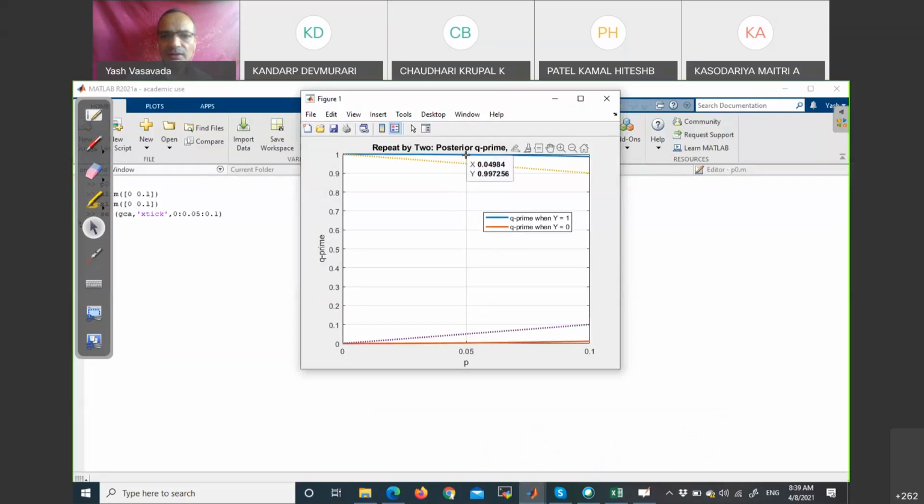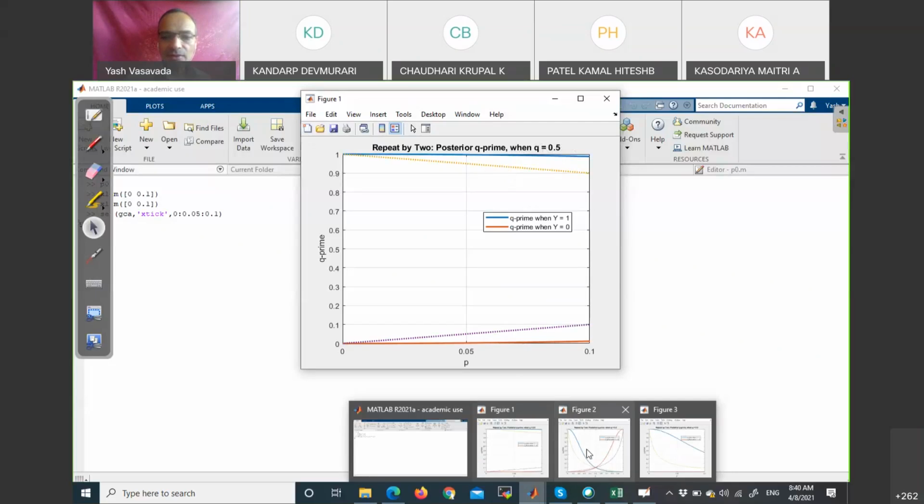And if you do 2 tests, then it becomes 99.7%. If you record positive in both the tests when Q is equal to 0.5, then pretty much certainly you have the disease.